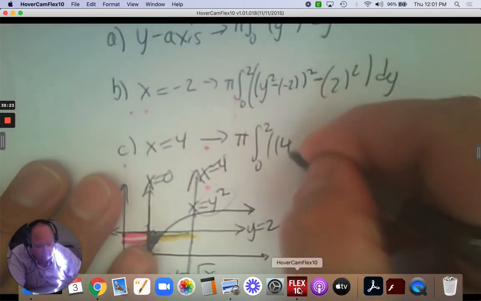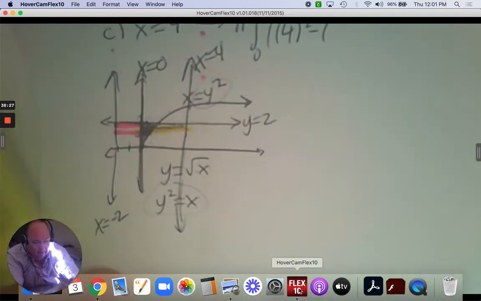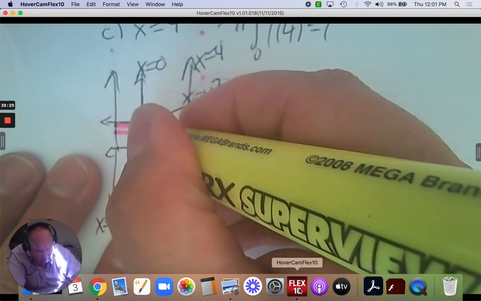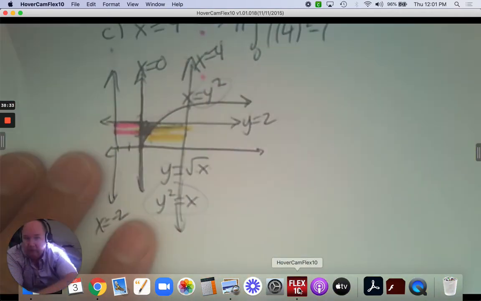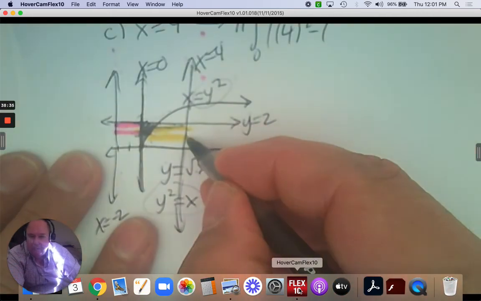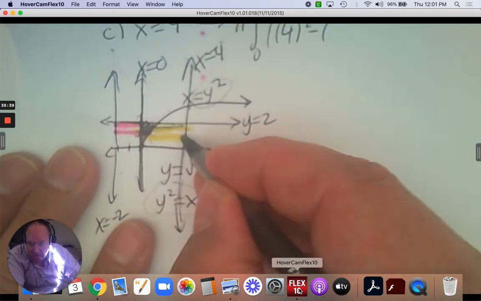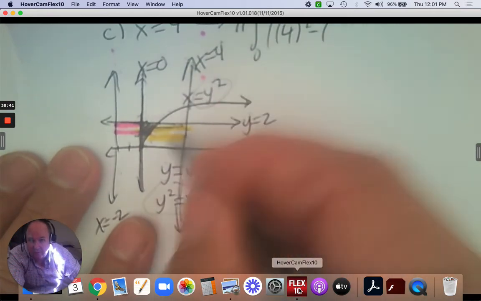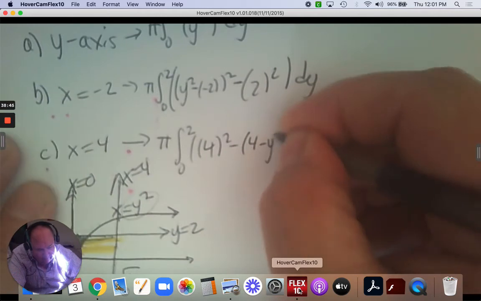So the big radius is 4. The smaller radius goes from right subtract left. That is the curve. So there we're going to go 4 subtract the curve. So it's 4 subtract y squared.